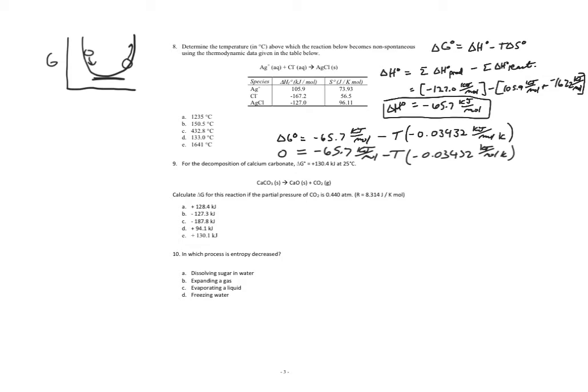So I've got these two negative signs here, minus T times negative 0.03432. Those negatives will turn that piece into a positive number. All right, so I'll just rewrite that over here. Plus T times 0.03432.